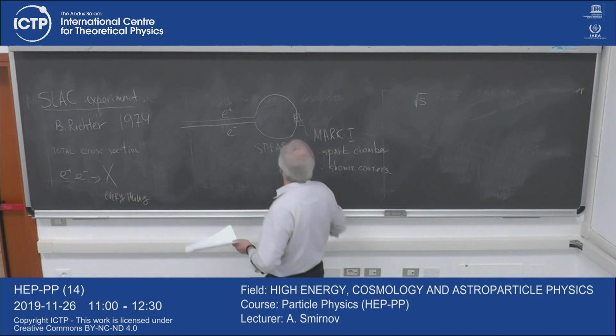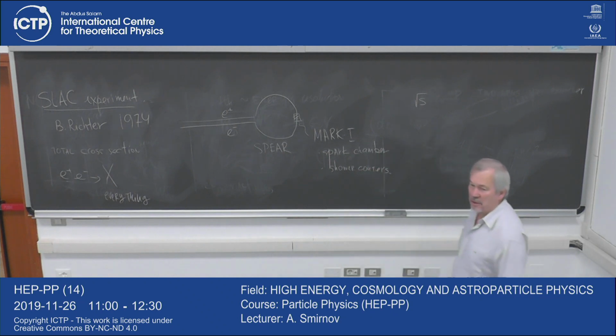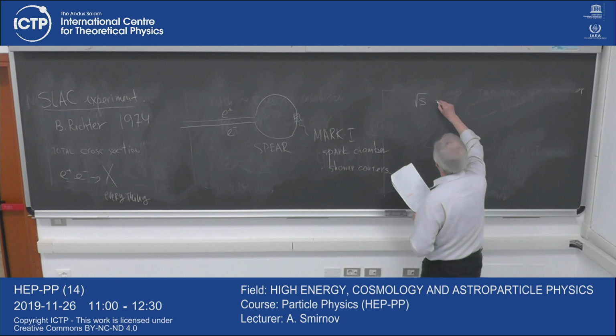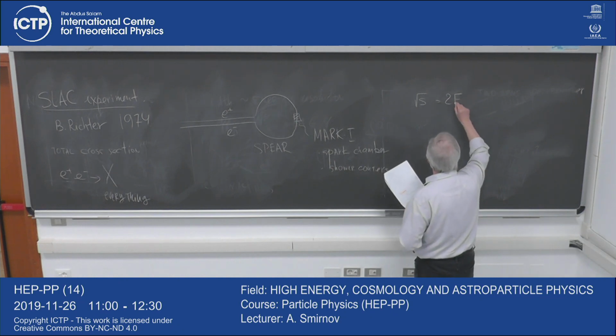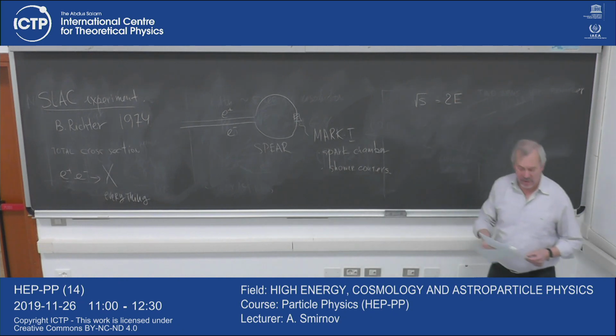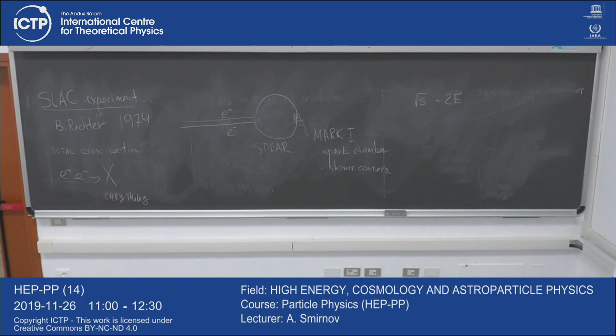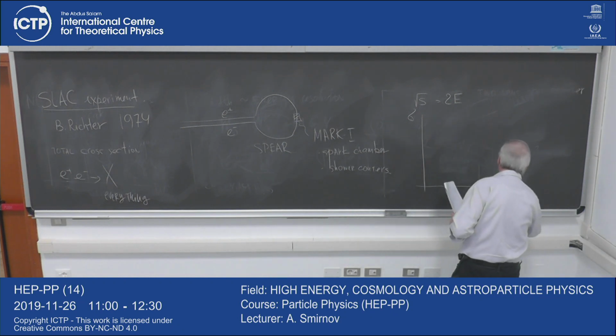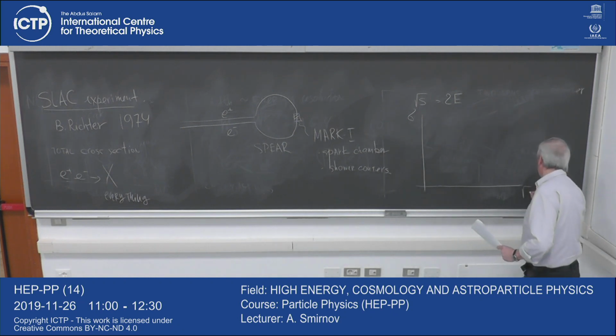So essentially, the lab frame coincides with the center of mass frame, and square root of s is given by two energies, where this is the energy of the electron or positron. So what they have seen is the following: sigma as a function of square root of s.